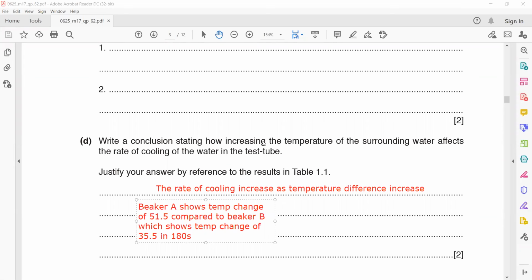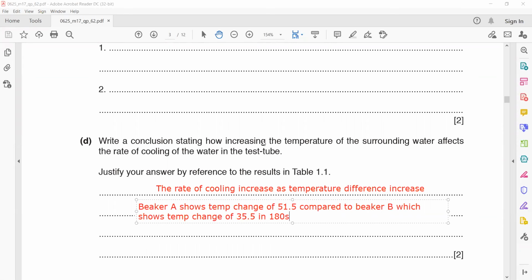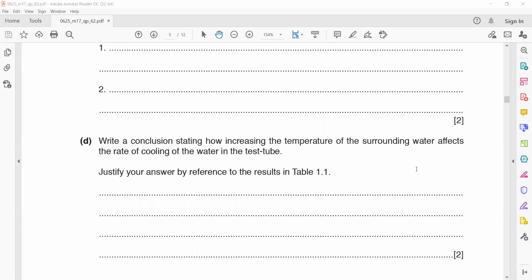Is it clear to everyone? So with reference to the readings, you have to write the conclusion.